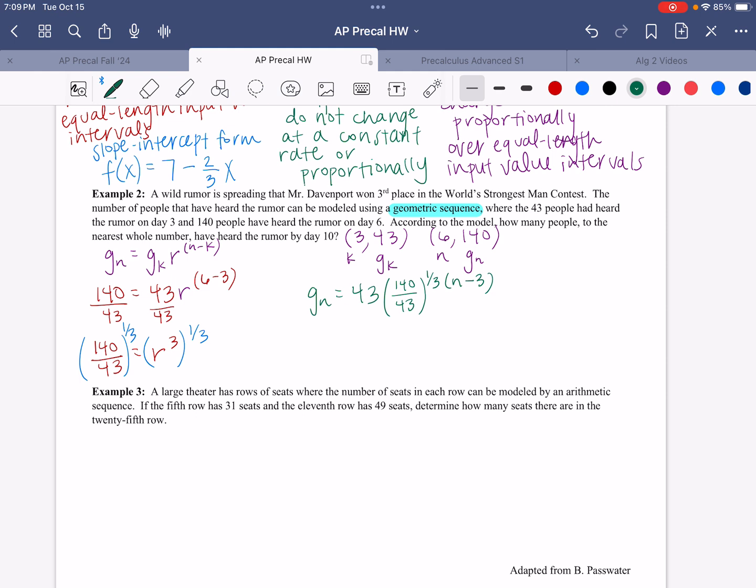How many days have passed since day 3? So let's go find on the 10th day, 43 times 140 over 43 to the 1/3, and then plug in a 10. Oops, sorry, my brain did 10 minus 3 and wrote a 7. There we go, 10 minus 3. So let's go to the calculator, type this in, and figure out how much this rumor has spread.